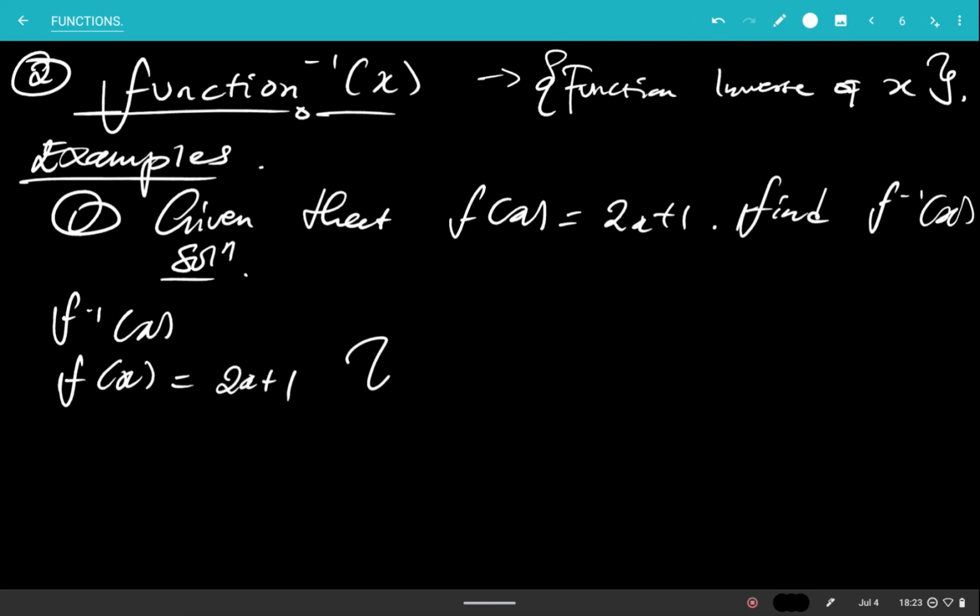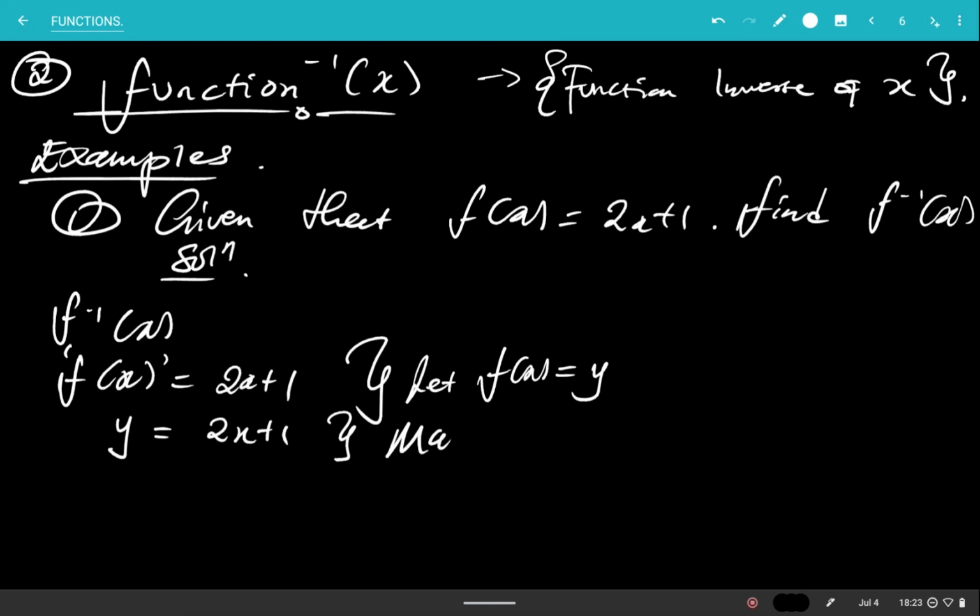After that, the second step is where I have to let f of x equal to any letter of my choice other than x. So in my case, I'll use y. So now this entire thing here is going to be y. So this is going to be 2x plus 1. So we're having y being equal to 2x plus 1. After that, the next stage is to make x the subject.